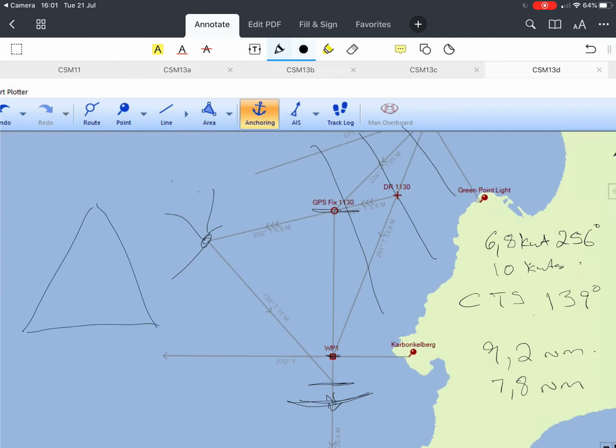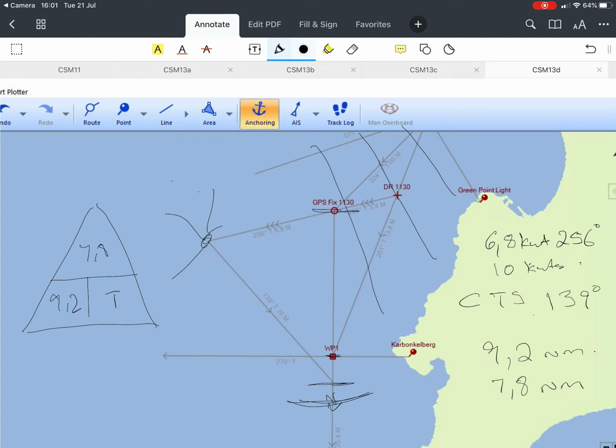So our good old little triangle calculation, distance, speed, is going to give us a time. So if we take 7.8 divided by 9.2, we have 84, call it 85% of an hour.